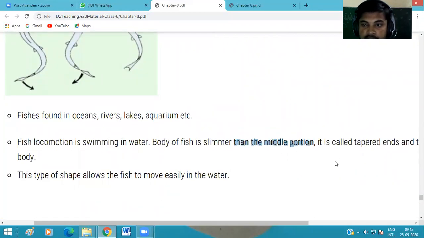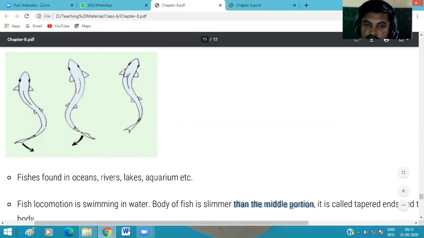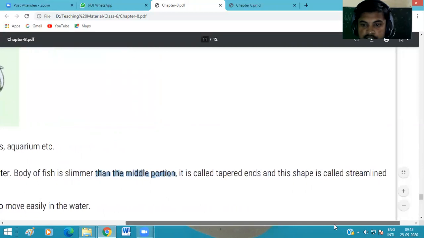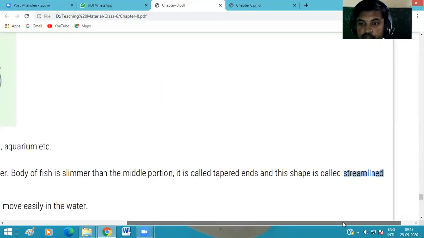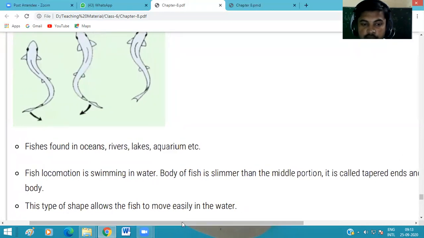This type of tapered end, thick in the middle and thin at the tail and also thin at the mouth, this shape is called streamline shape. This type of body we call a streamlined body.